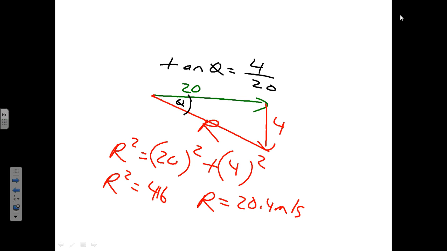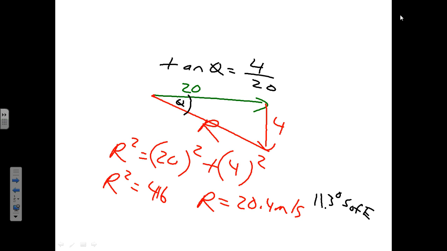So that's 11.3 degrees. We would say 11.3 degrees south of east. Start at east and go south 11.3 degrees. Everybody okay with that?